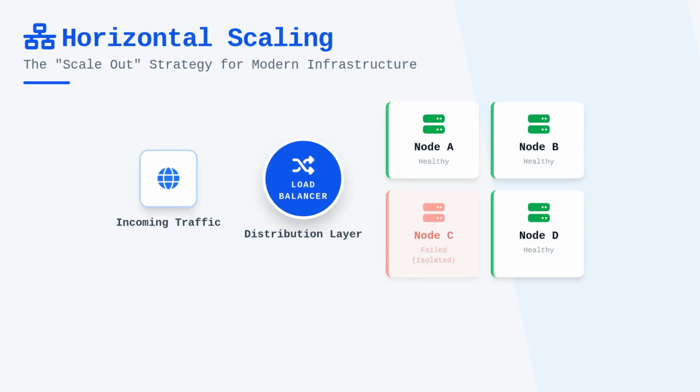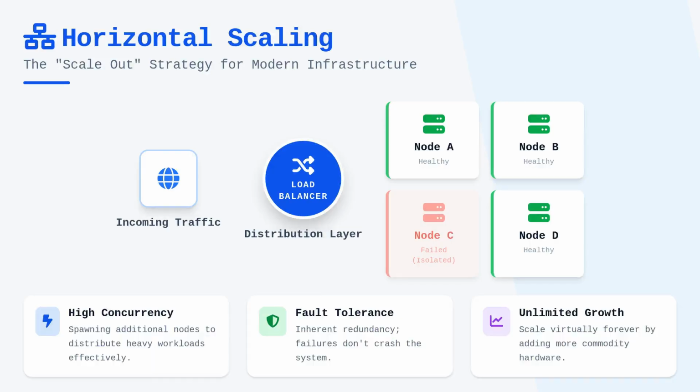Horizontal scaling inherently supports redundancy. If one node fails, the traffic simply routes to the remaining healthy servers. This requires more complex infrastructure, including load balancing and state management mechanisms to ensure consistency across nodes, but it allows for virtually unlimited growth and fault tolerance.